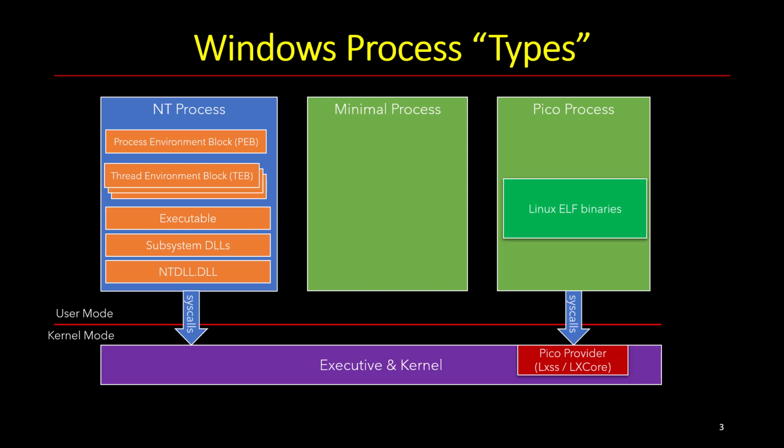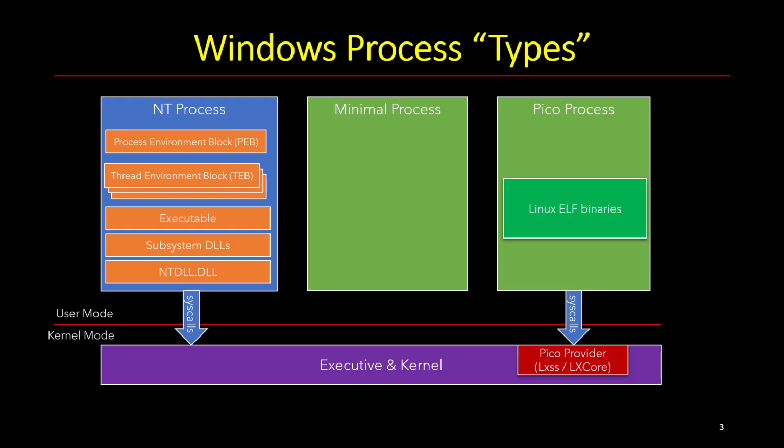So with WSL1, in fact, you install the user mode part of Linux, but you don't use the Linux kernel at all. In fact, the Pico provider, that driver provided by Microsoft, is the one that does the handling of all these system calls. And this is how WSL1 works.